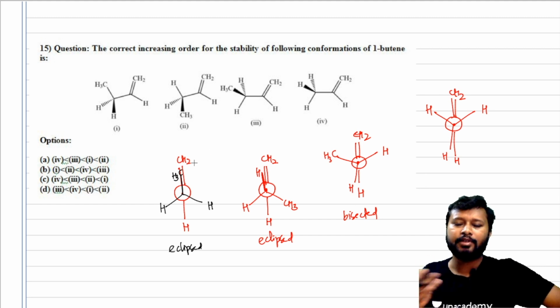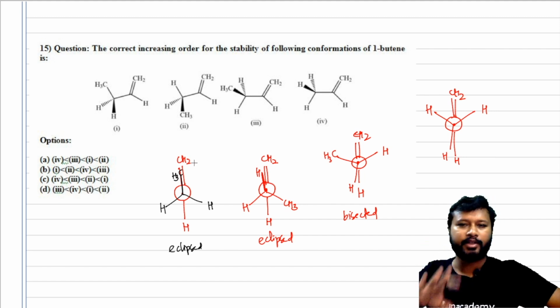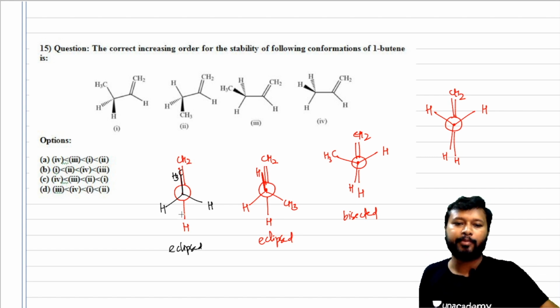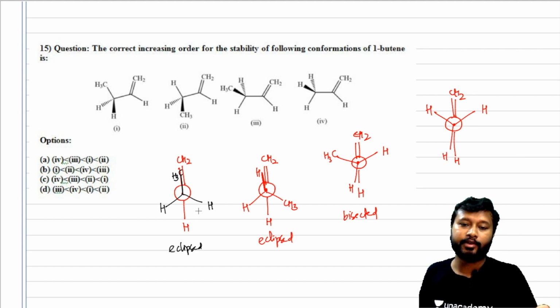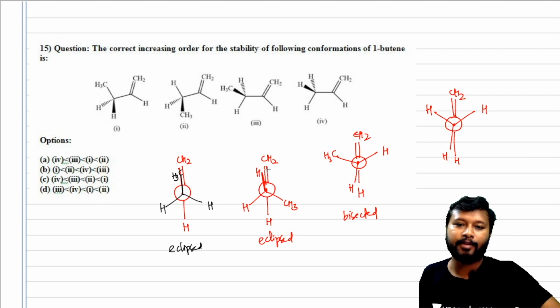Now in alkanes, we generally say that the eclipsed structure is less stable and the staggered structures are more stable in general. But here, eclipsed structures are more stable, and the one where you have hydrogen in the same plane with this CH2 group is more stable than the one where you have a methyl group in the same plane with CH2.